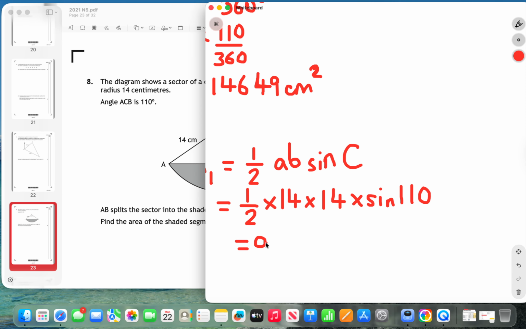And we get 92.08988 to five decimal places, centimetres squared.